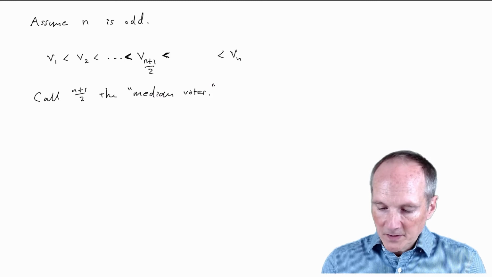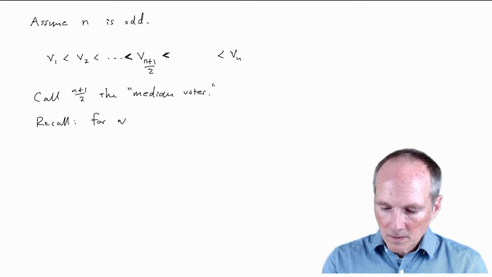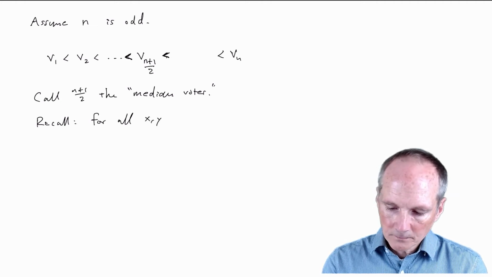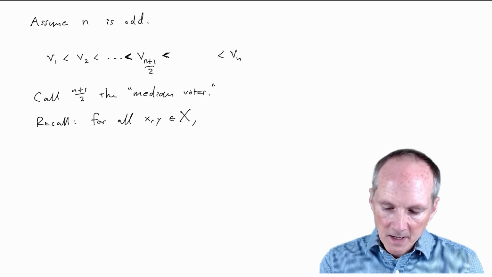Okay. I guess before I do that, I should just recall how we define majority voting formally. So if we have two alternatives, x and y, we can take a majority vote between them, okay?